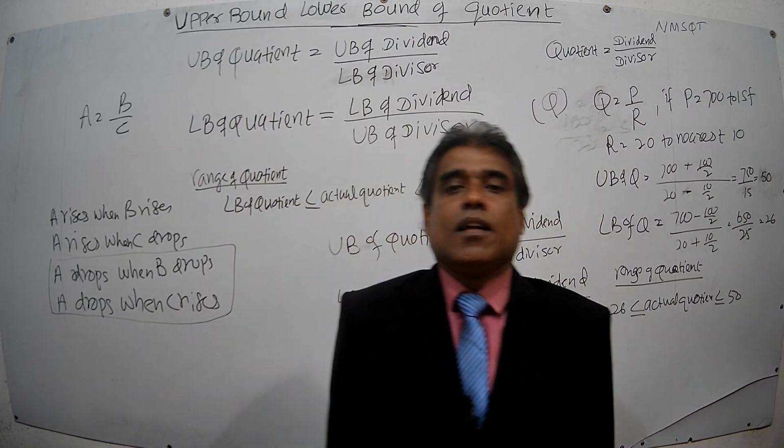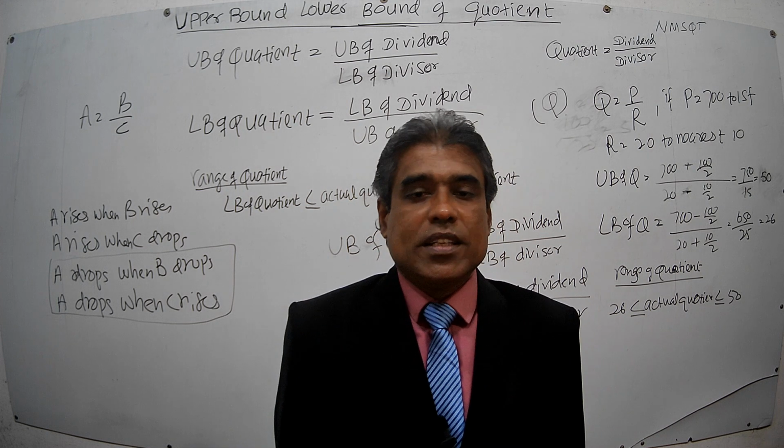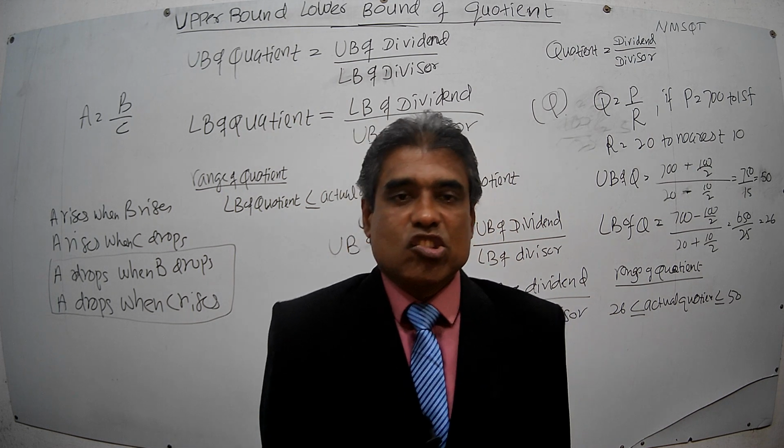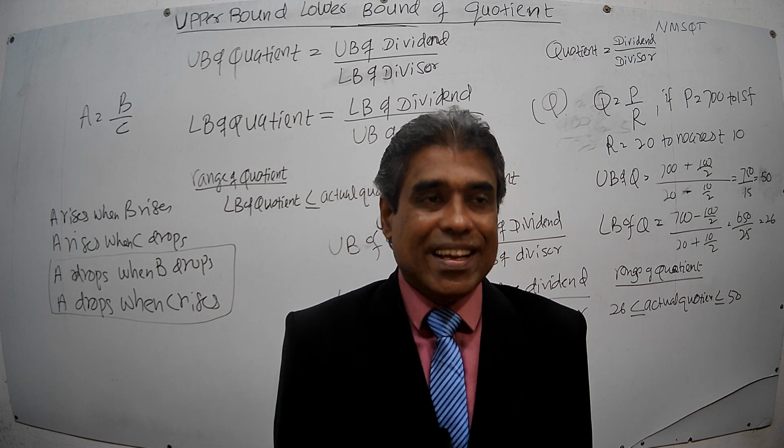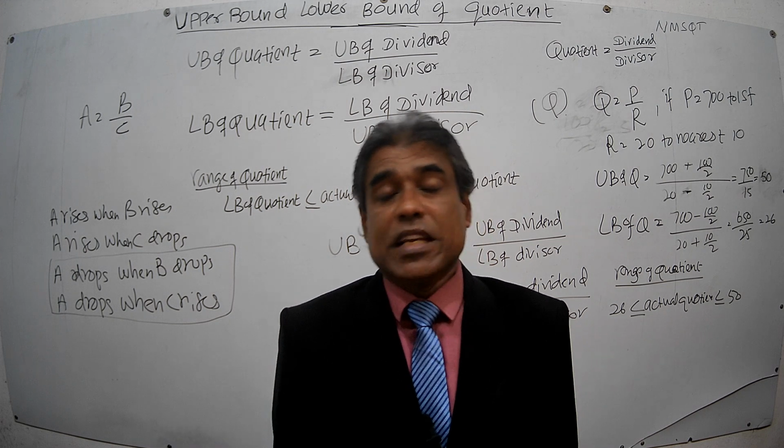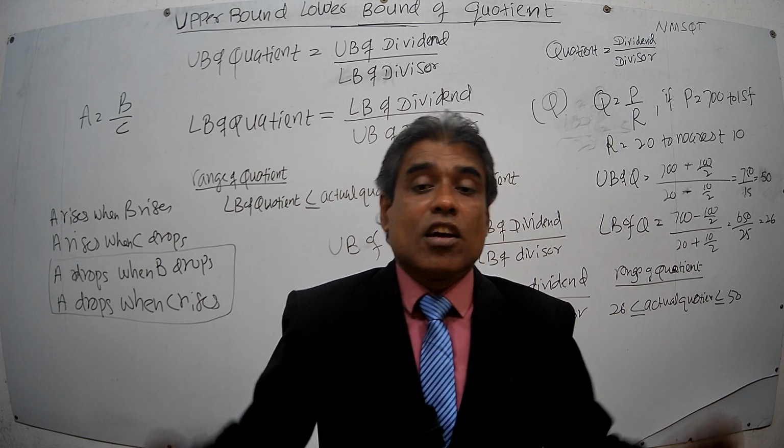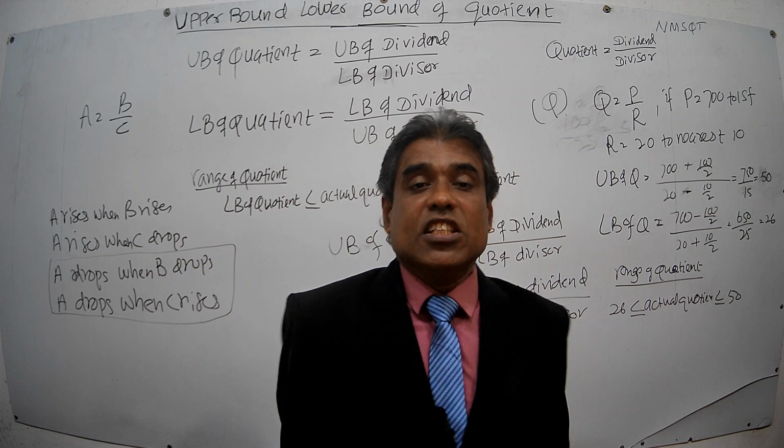The quotient varies when the dividend and divisor vary. When the dividend and divisor increase or decrease, the quotient varies accordingly.